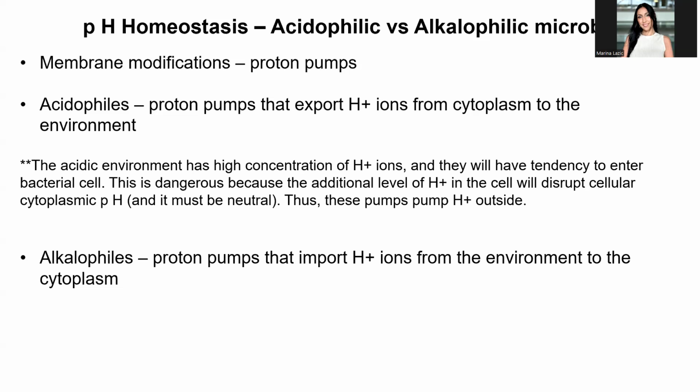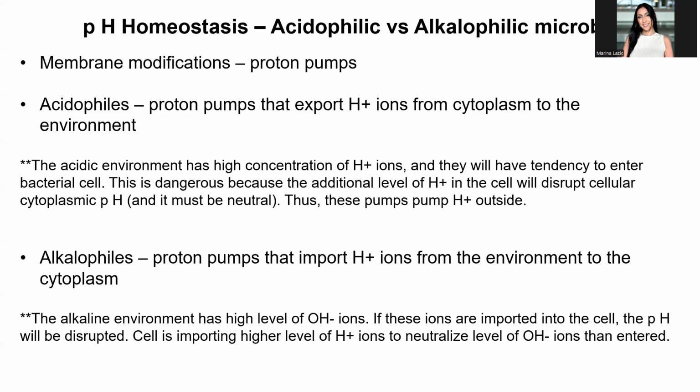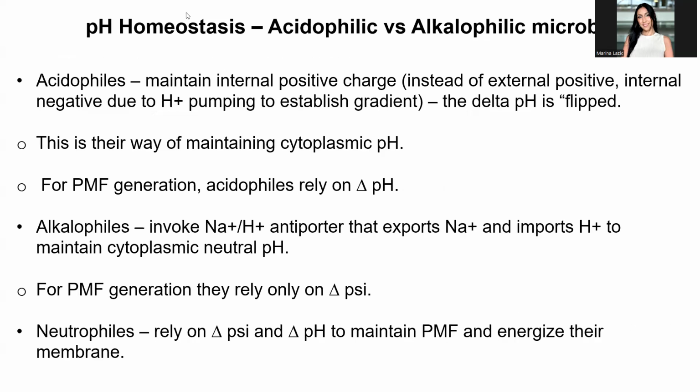So the whole point is to maintain a neutral cytoplasmic level. Whether they develop proton pumps that export protons that came from the outside, as for acidophiles, or proton importers that import protons from outside to neutralize incoming hydroxide ions, it is all about maintaining pH homeostasis in the cell.